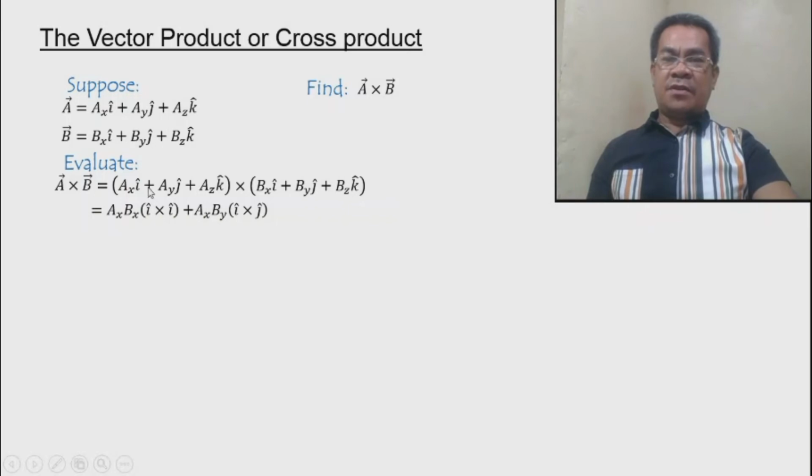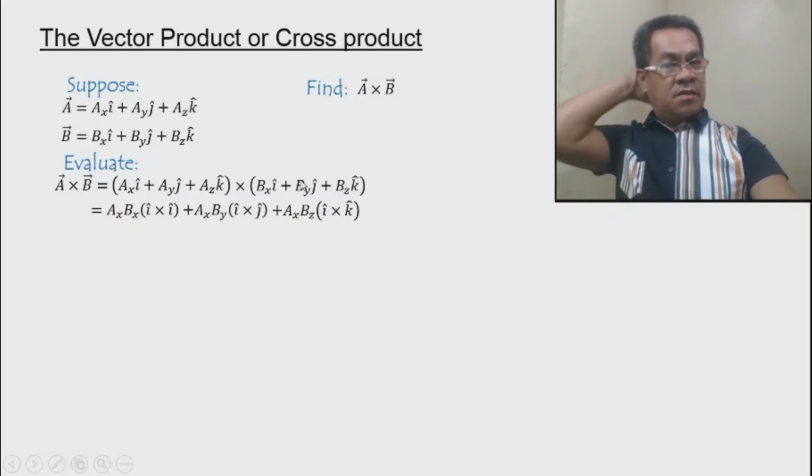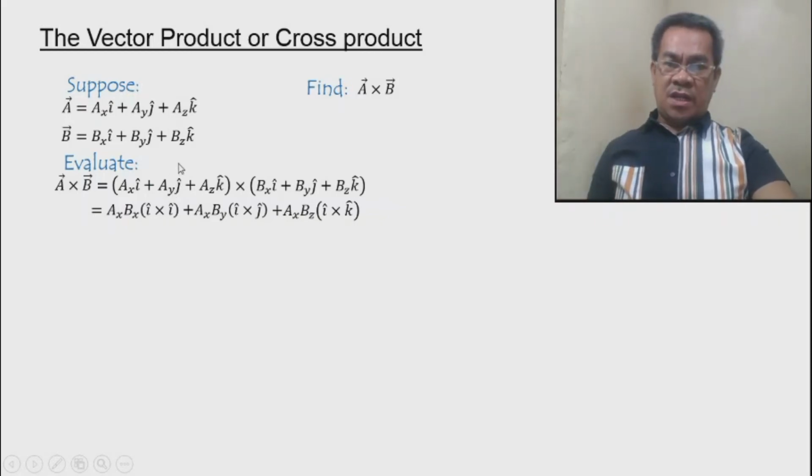So you have to follow the order, I cross J or I cross I. Now the last factor for the first term, we multiply with the last term: AX BZ, I cross K. So these are the factors in the first term only. Now the second term of the component of A, it should be AY BX, J cross I.